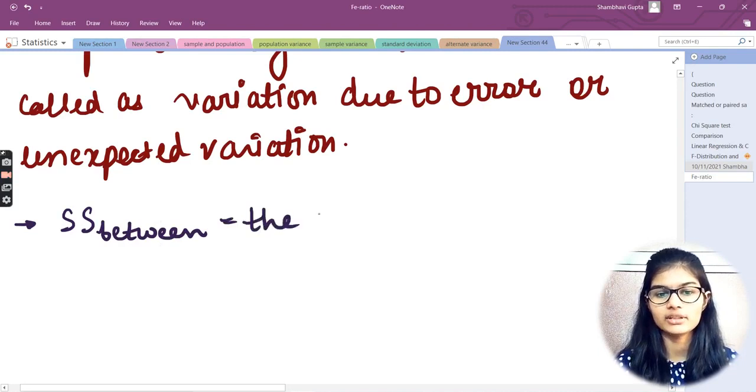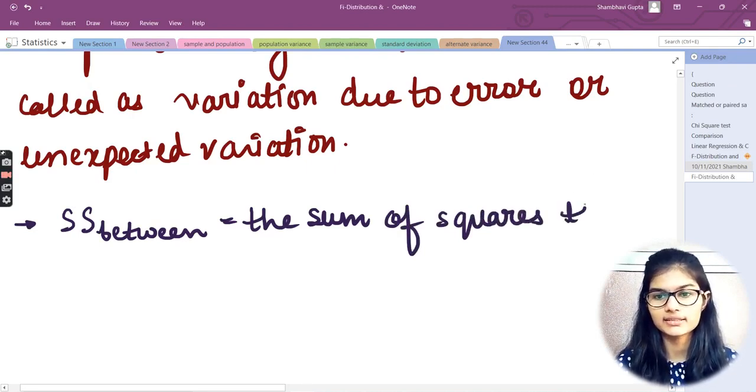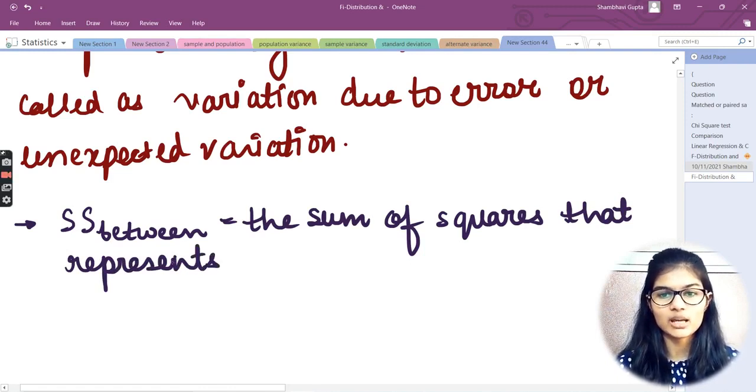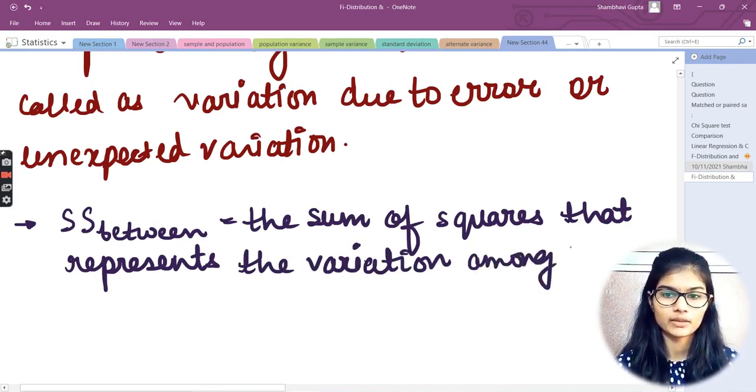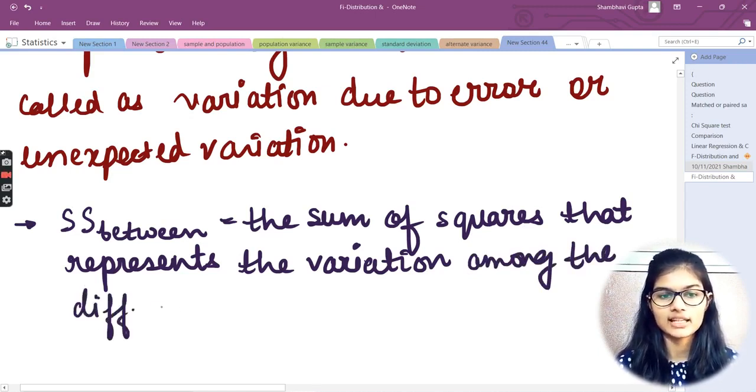So SS between is basically the sum of squares that represents the variation among the different samples.